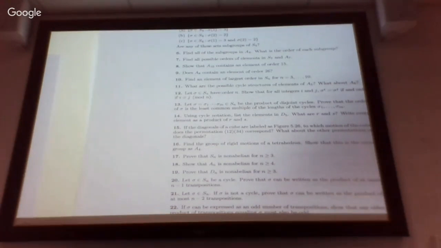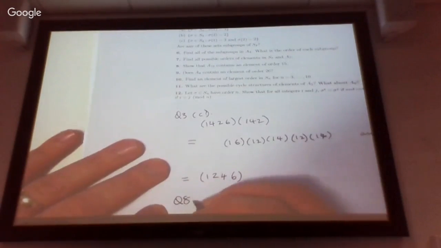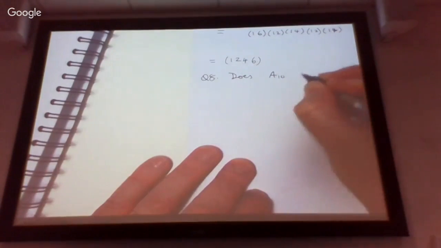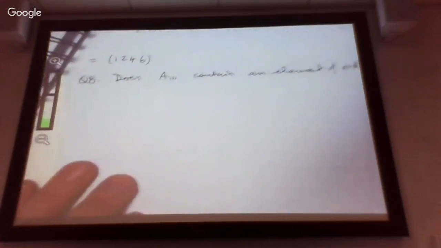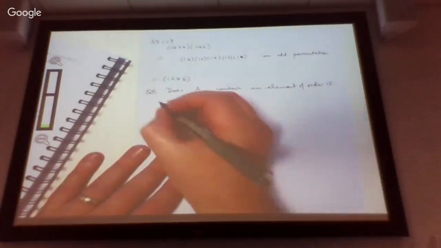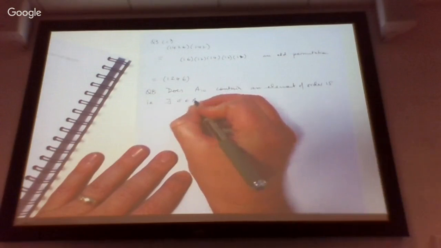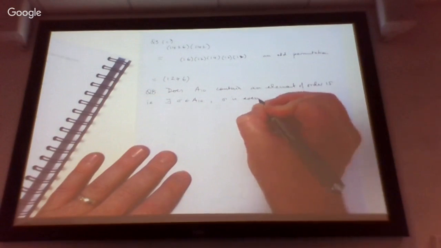So we're looking for, does there exist sigma in A10? Sigma has to be even. Well, if it's in A10, it has to be even.